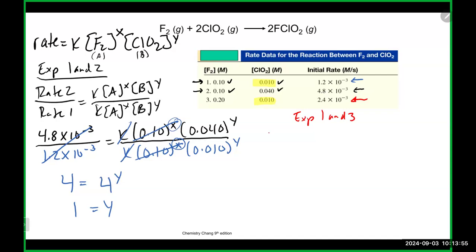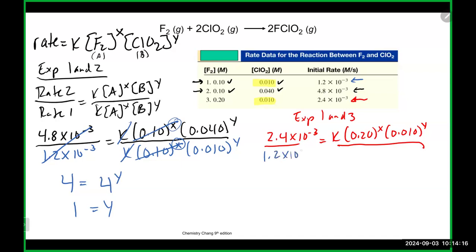So that's going to put me at 2.4 times 10 to the minus 3 equals k times 0.2 to the x, 0.01 to the y. And again, that is everything from experiment 3. Once again, we're going to go with everything from experiment 1 on the bottom. 1.2 times 10 to the minus 3, k, 0.1 to the x, 0.01 to the y.